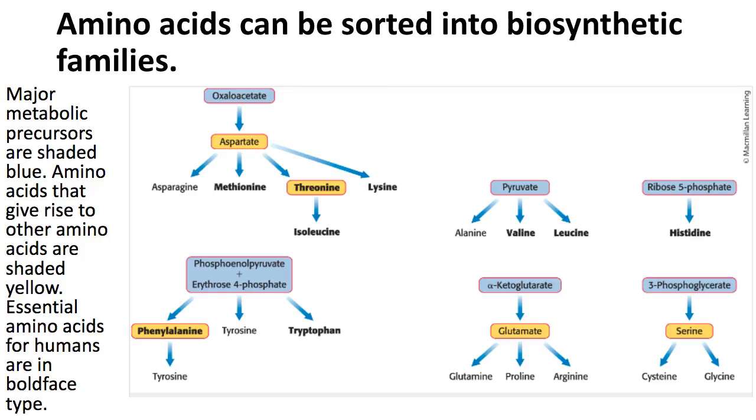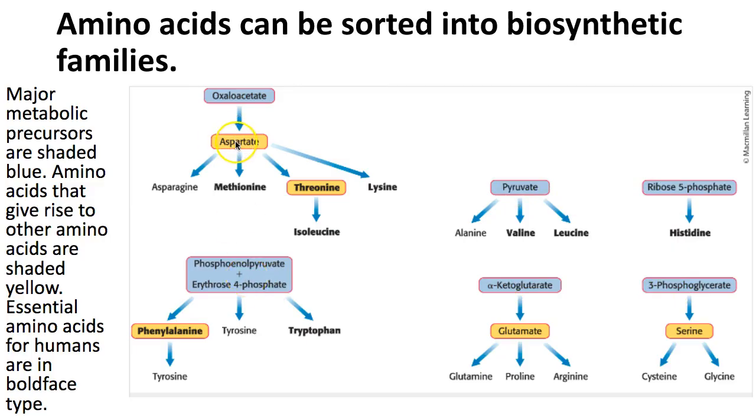So we'll start by looking at this diagram to describe the biosynthetic families of amino acids. The major metabolic precursors are shaded in blue, listed here. You've got oxaloacetate, pyruvate, and all these other metabolic precursors that end up making amino acids.